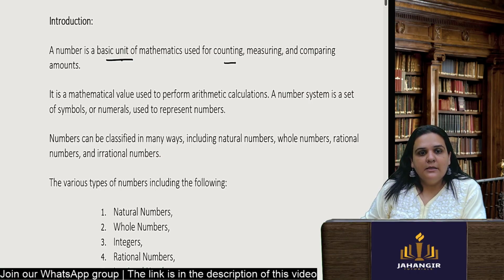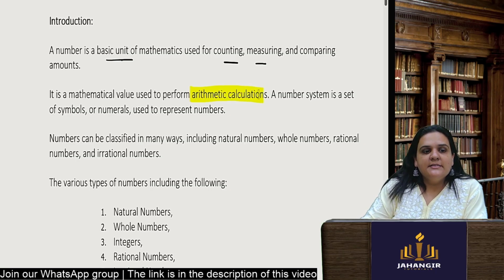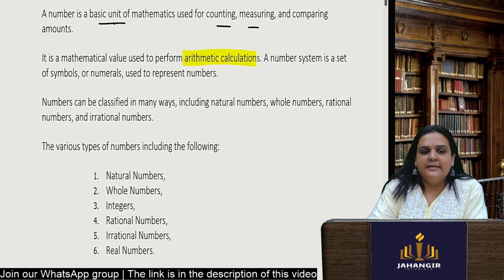For counting we use it as a measure and for comparing amounts. It is for arithmetic calculations that we have these number systems. You can say it is a set of symbols, numerals, etc.